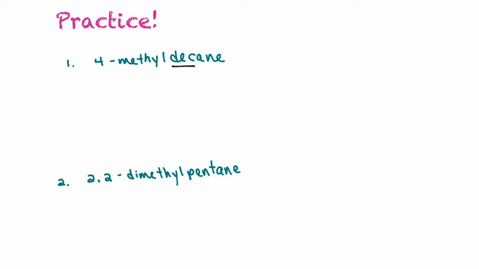So now we'll practice with some drawing. The first one, we were told to draw 4-methyldecane. Decane is 10 carbons, so we'll start drawing those out. 1, 2, 3, 4, 5, 6, 7, 8, 9, 10. And on the 4th carbon, 1, 2, 3, 4, there's a methyl. So we'll do that, like so.